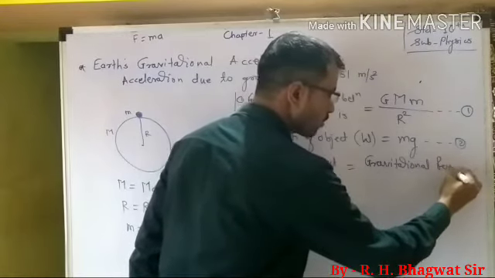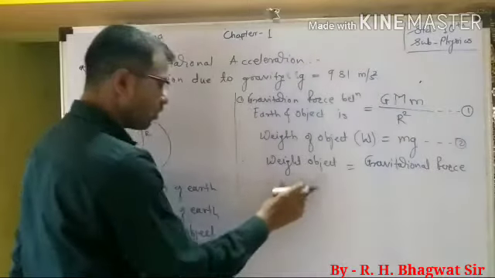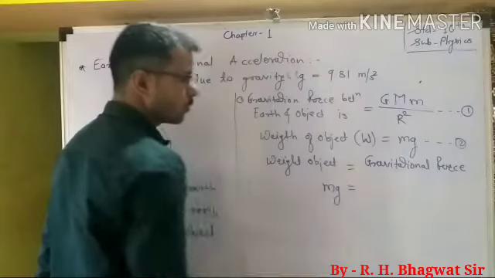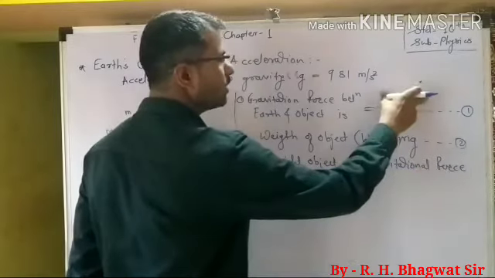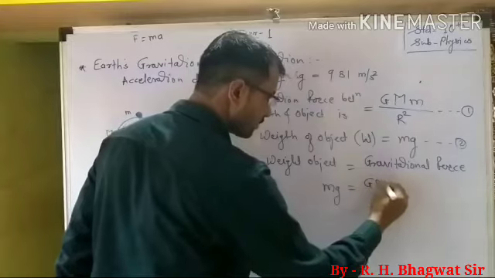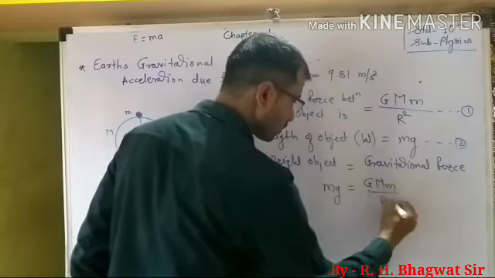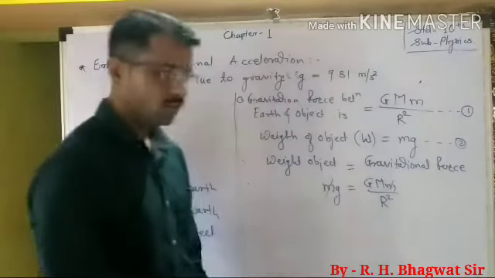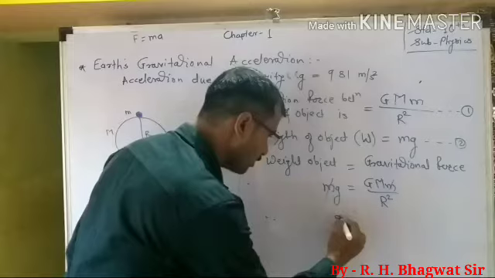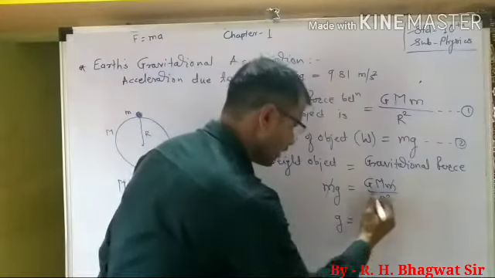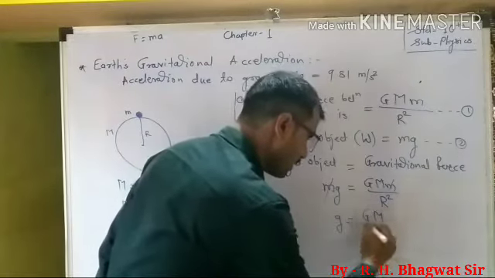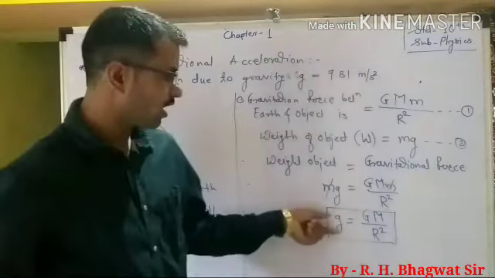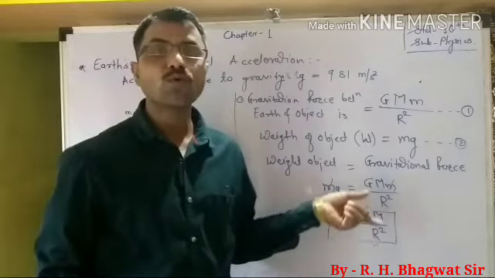So m g is equal to G M m upon R square. Now, this small m gets cancelled with this small m. Therefore, small g is equal to capital G into capital M upon R square. This is the required formula for acceleration due to gravity.